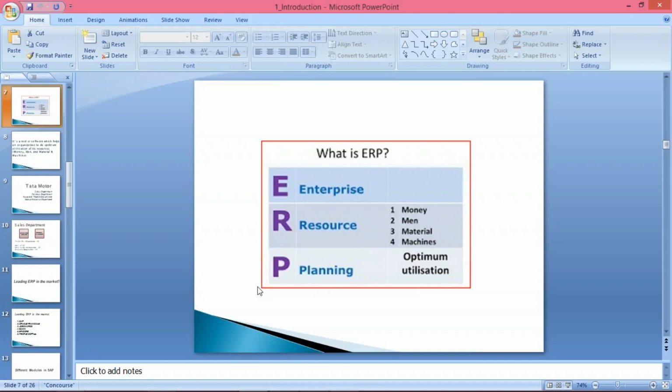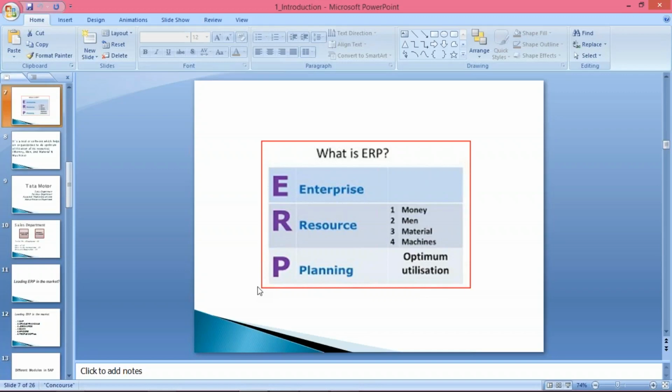Enterprise means whichever organizations are there, that is called an enterprise. The second one is resources. So what are the resources in any organization? In every organization, man, money, material and machines are the resources of the organization.